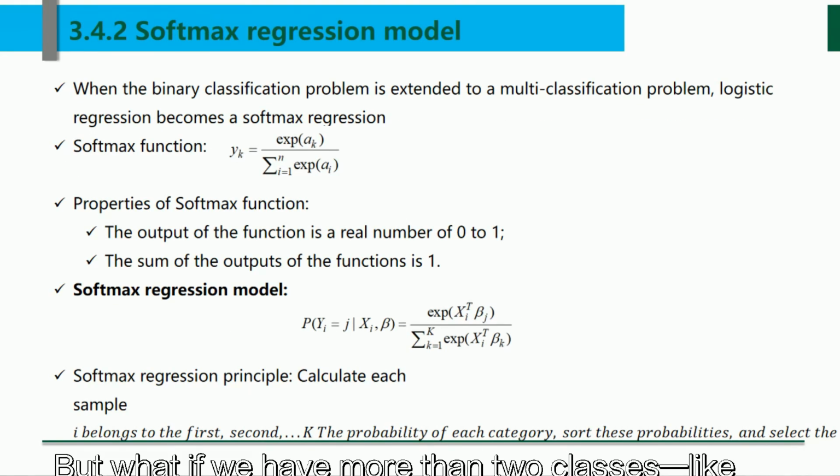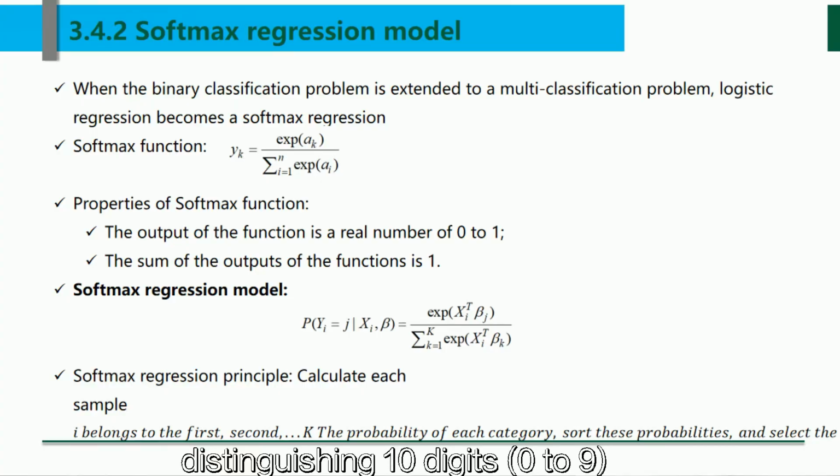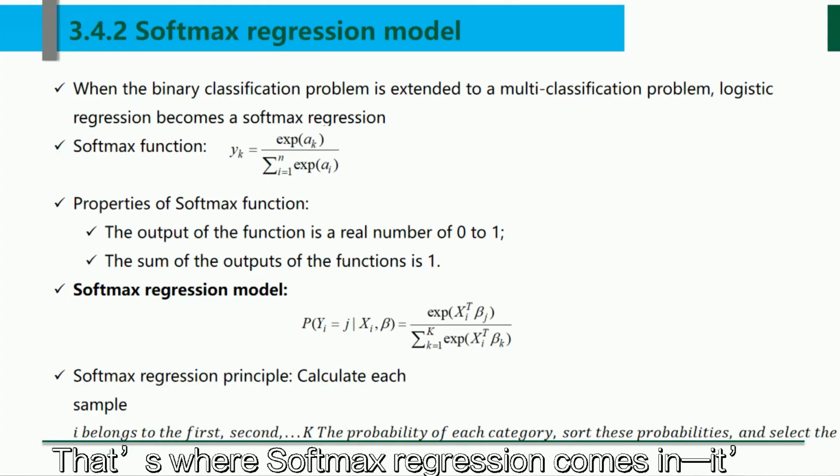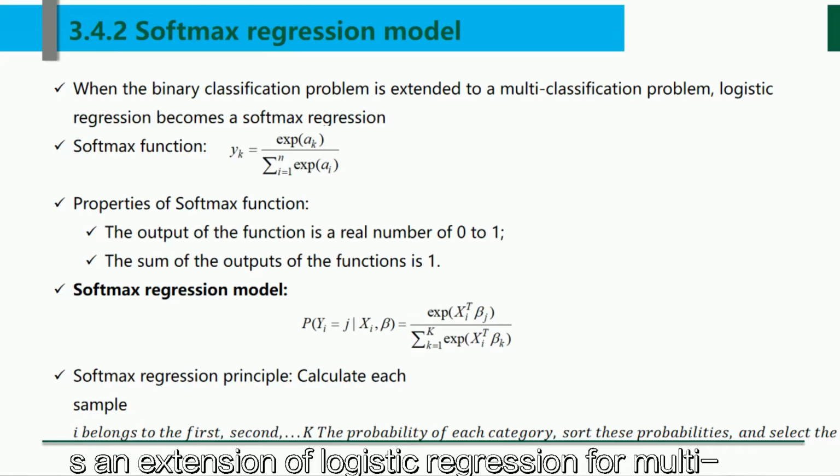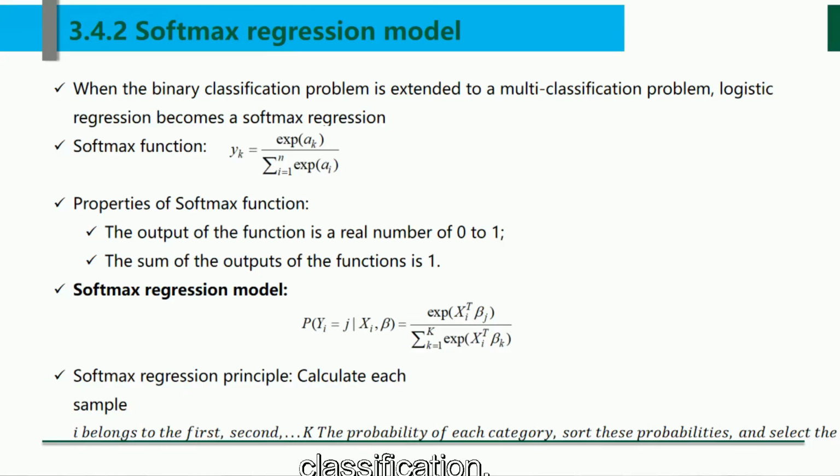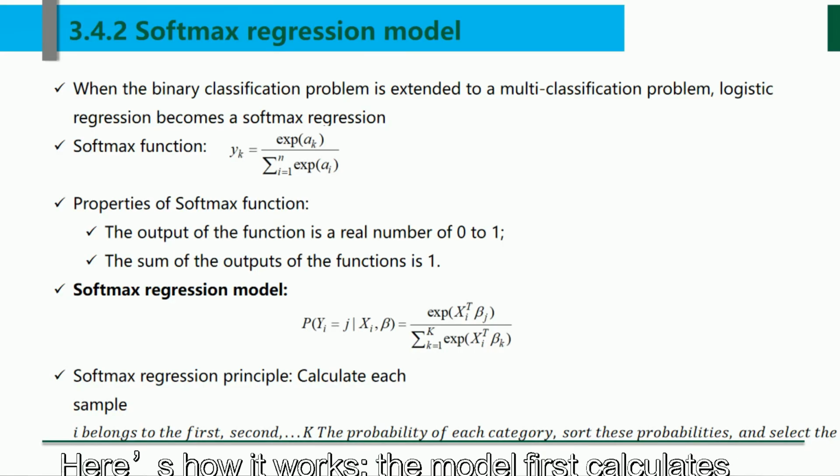But what if we have more than two classes, like distinguishing 10 digits, 0 to 9? That's where softmax regression comes in. It's an extension of logistic regression for multi-classification. Here's how it works.